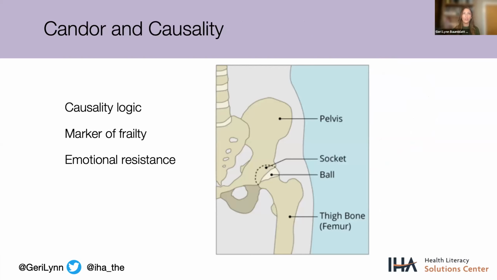This is also true in terms of, I think there needs to be a level of candor. I sometimes say compassionate candor, to help people really understand what's going on. People don't like to hear bad news, but in the case of something like a hip fracture, especially in somebody who's elderly, that's often a very serious situation, and they don't realize it. They think, first of all, there's causality issues. They think, oh, I fell and I broke my hip.